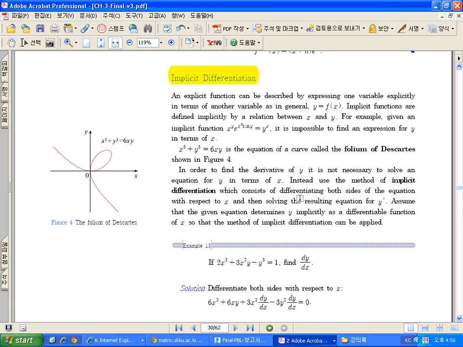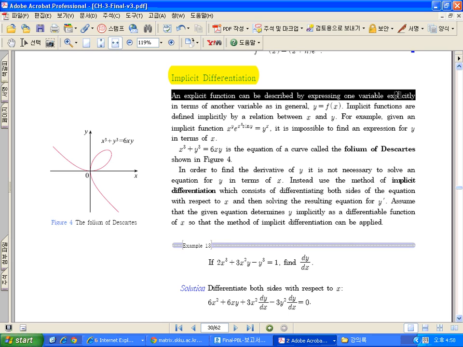Now, this is implicit differentiation. I believe most of you haven't worked on implicit differentiation, so we will start from here. An explicit function can be described by expressing one variable explicitly in terms of another variable.